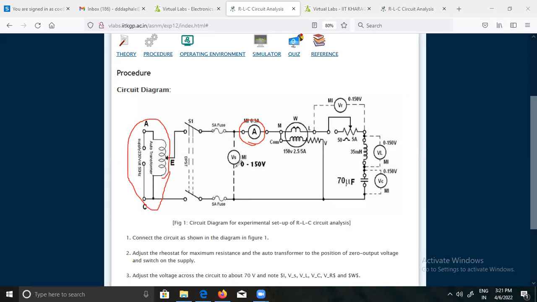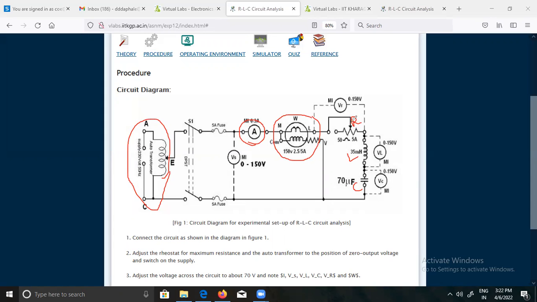This is VS, that is the voltage. This is the MLCV, a wattmeter, which is connected in order to measure the power. And here is our circuit: this is R, this is L, and this is the capacitor C.